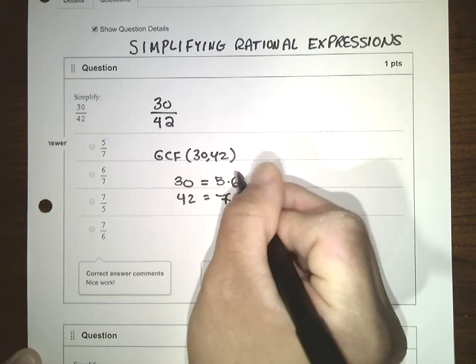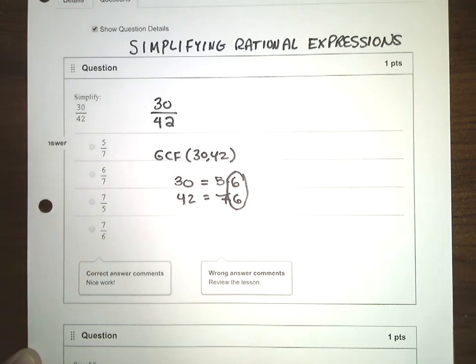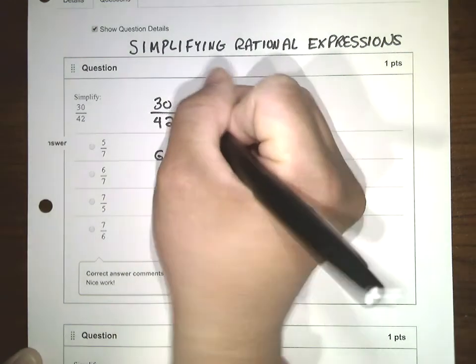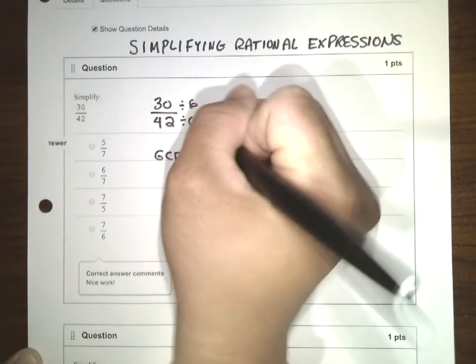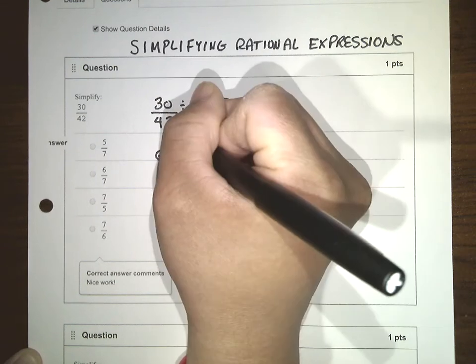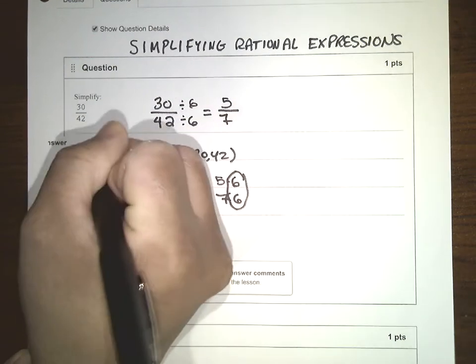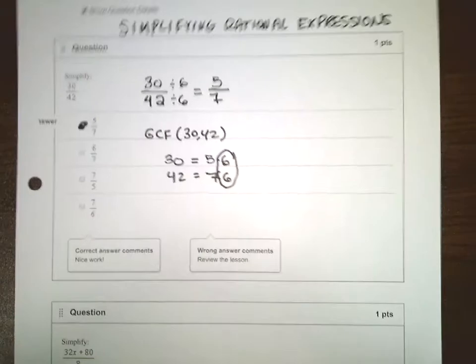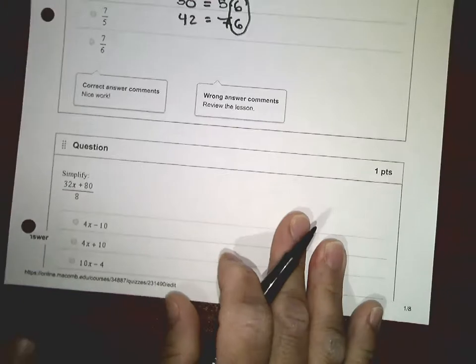So 6 is the largest number that goes into both evenly, meaning without a remainder. If I divide 30 by 6, I get 5, and if I divide 42 by 6, I get 7. So it's 5/7.